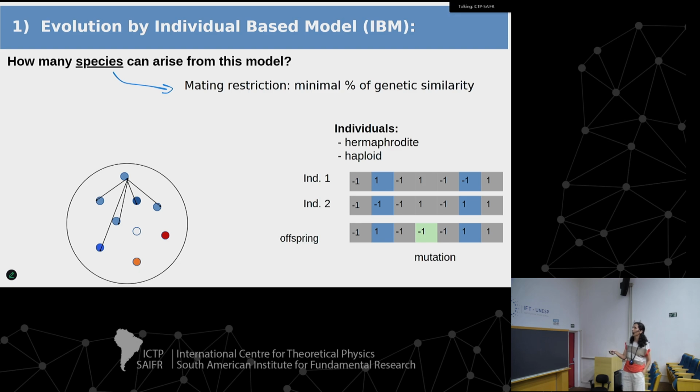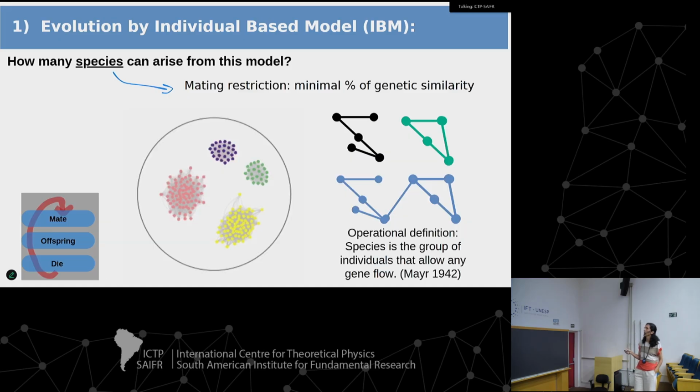A mutation that arises here can still spread through this line, for example. So we call this one species. As time goes on, we can build the network of possible matings based on genetic similarity.